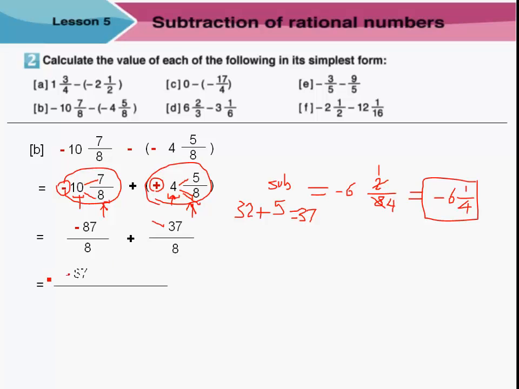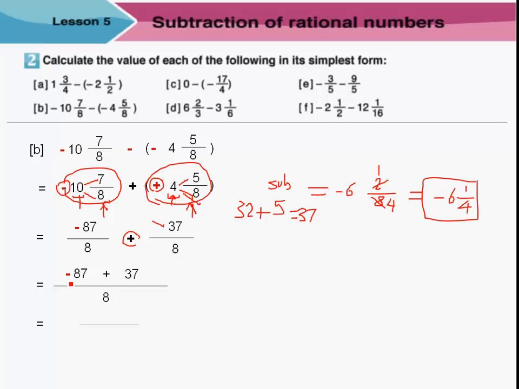So this equals 87 with minus sign plus 37 with plus sign over 8. This is the denominator. These two numbers have different signs, so we have subtraction.